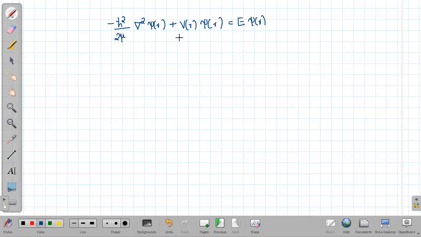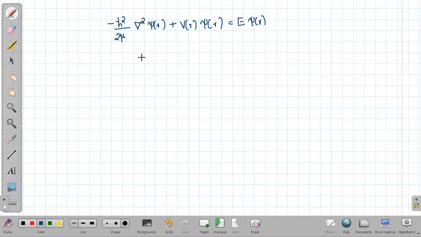Okay, and we know that for r very large, that is if the incident particle is very far away from the scattering center, then this V of r tends to 0, then this equation will take the form of the Helmholtz equation. Okay, so that we already know.